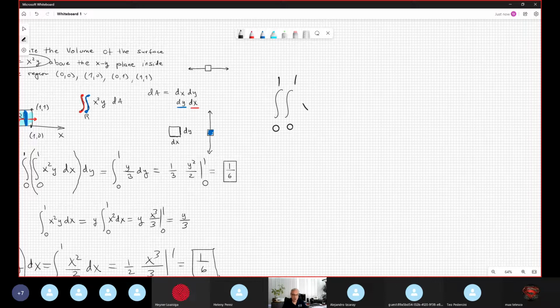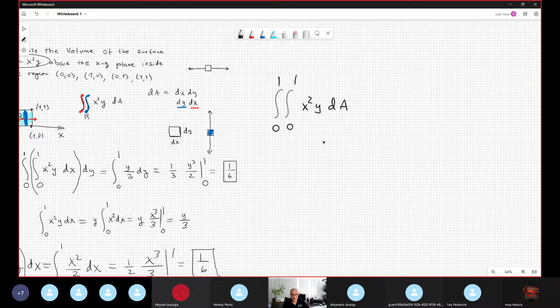The function is x squared y dA. Suppose another way. In this particular example it is possible, not always. When the limits are constants, in this case 0 and 1, and the integrand function is separable.